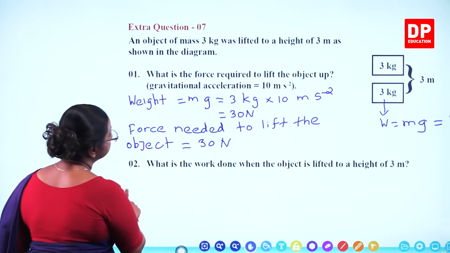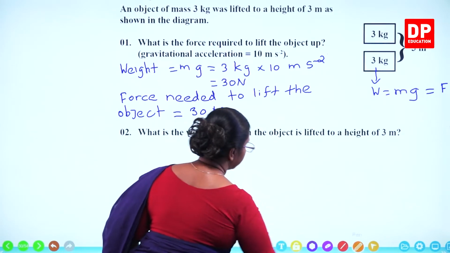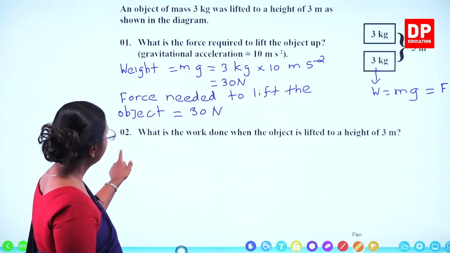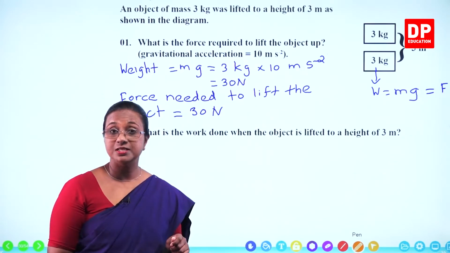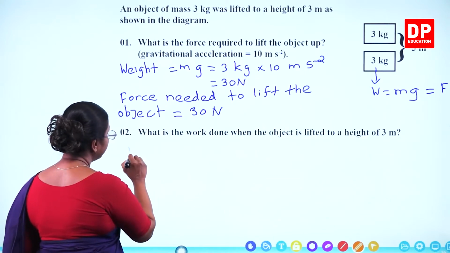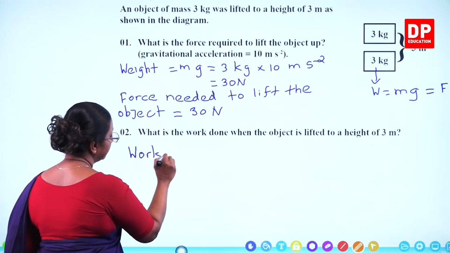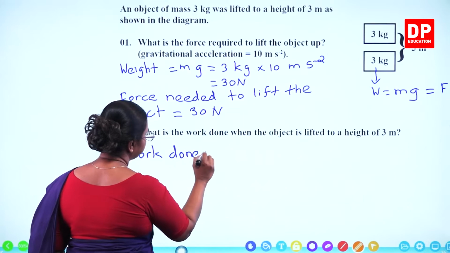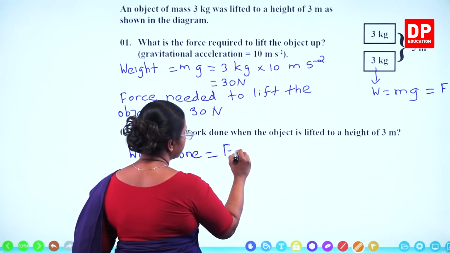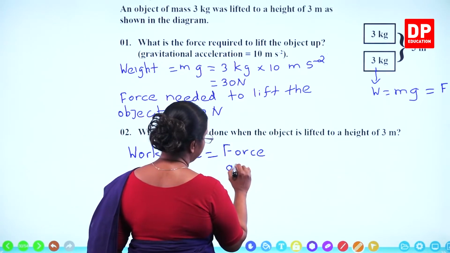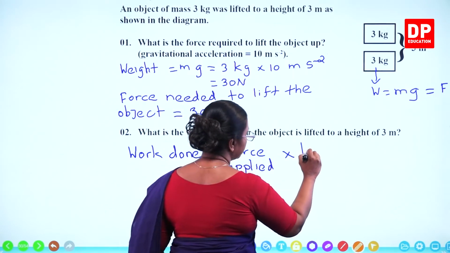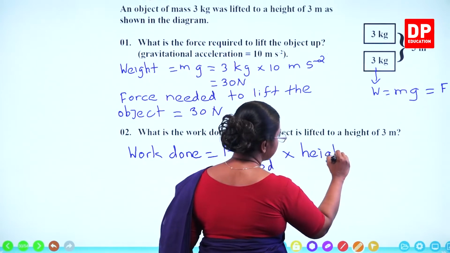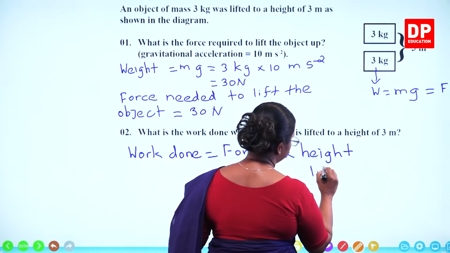Then the second part of the question, what is the work done when the object is lifted to a height of 3 meters? So you need to write the equation for work done. Work done, force applied into height lifted.